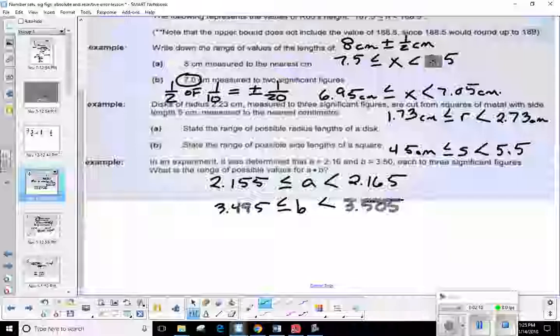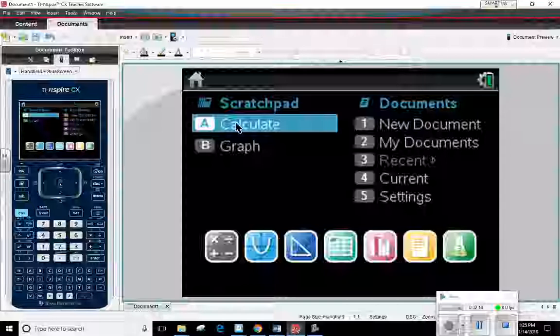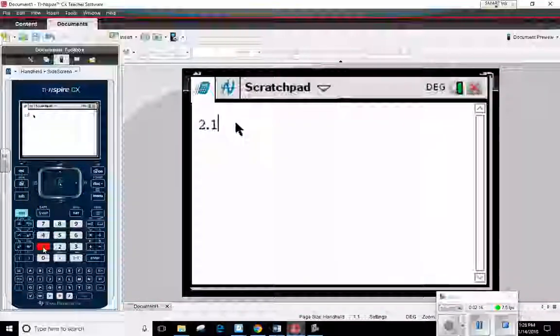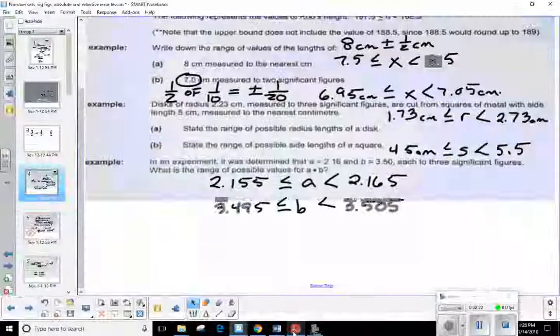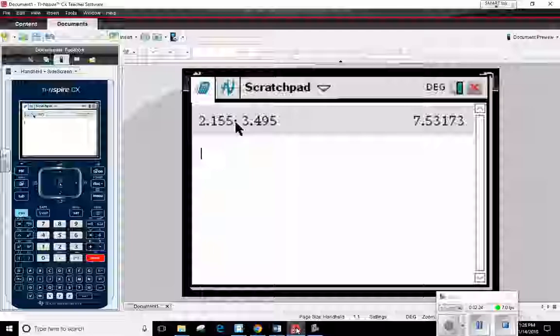But let's figure out what the product is going to be. 2.155 times, I think it was 3.495. Okay, so we got that one. And then we also have 2.165 times 505.